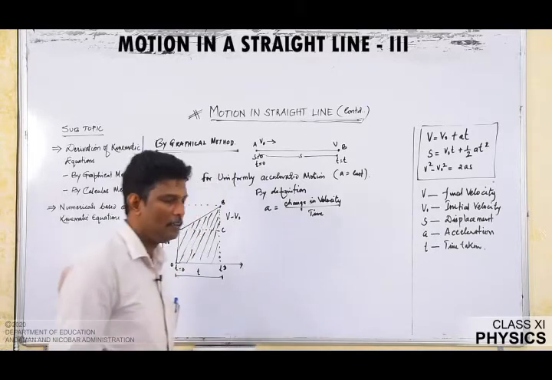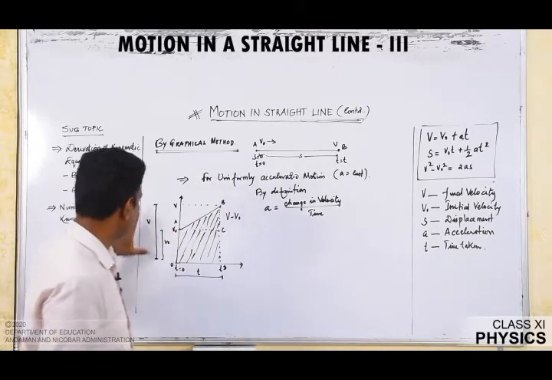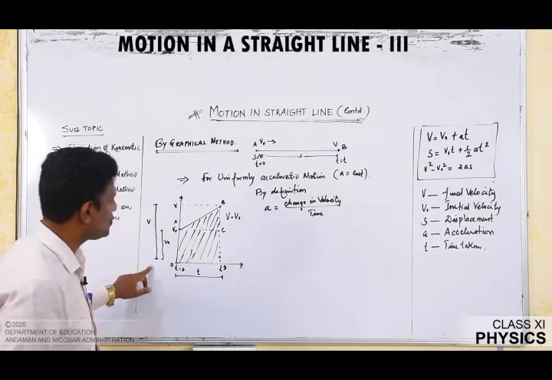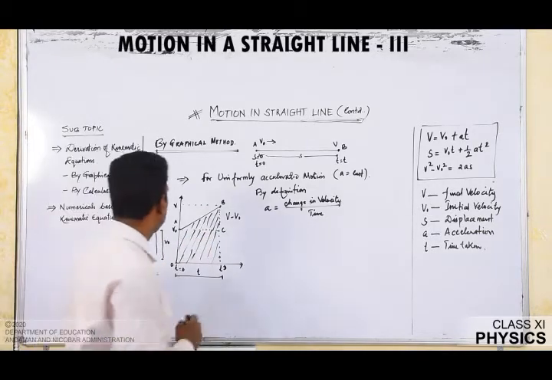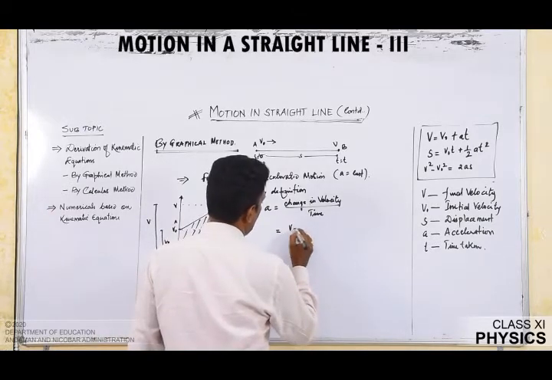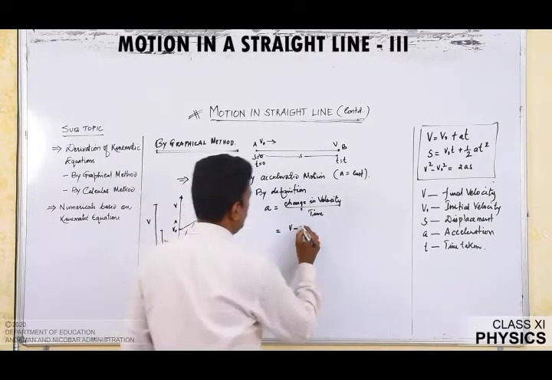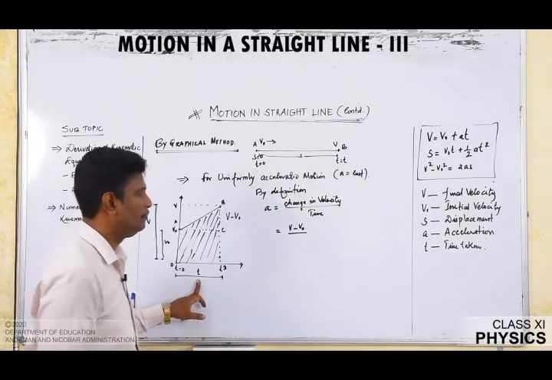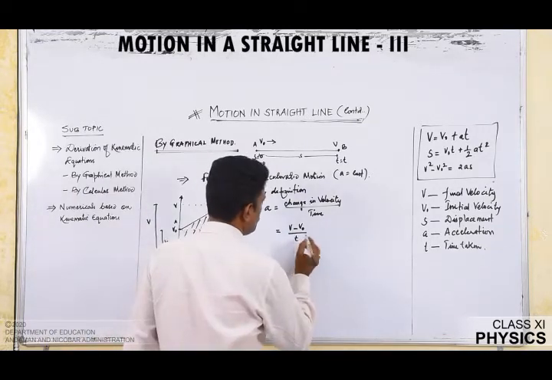Here what is the change in velocity? That is final velocity minus initial velocity. Here the final velocity is V and the initial velocity is V naught, by the time taken T. So, we can write like this.